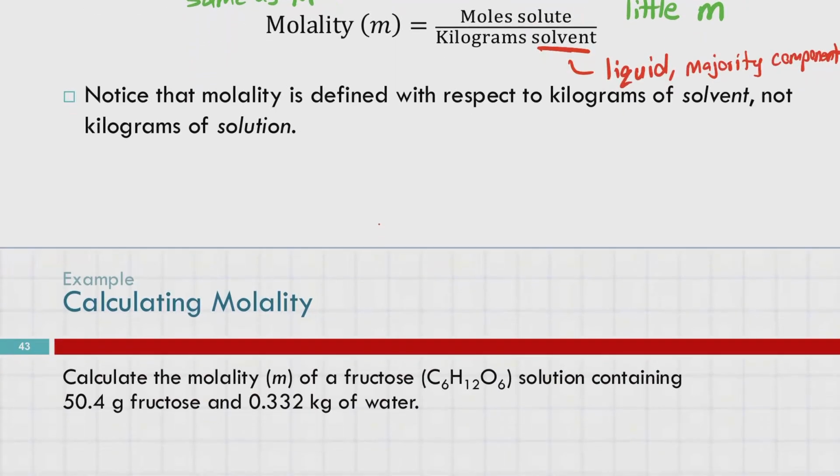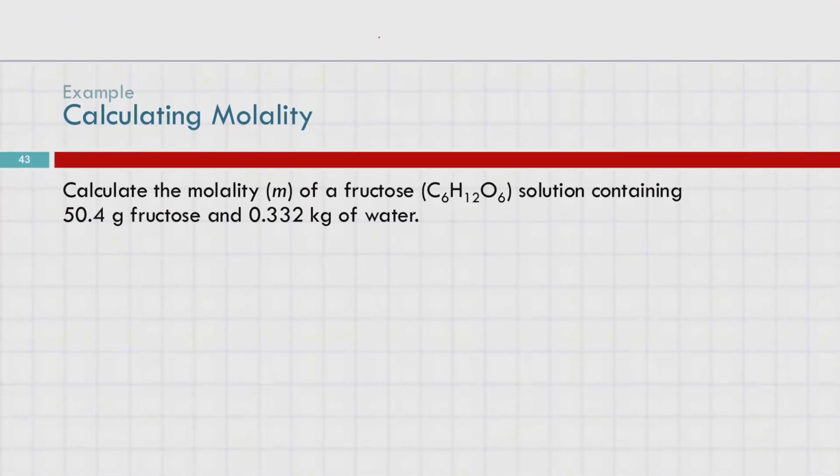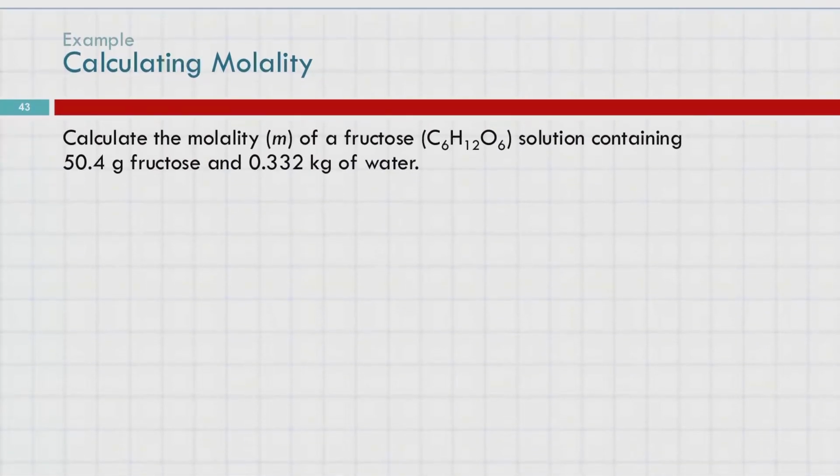Let's do a calculation for molality. We want to calculate the molality, lowercase m, of a fructose solution containing 50.4 grams of fructose and 0.332 kilograms of water, conveniently expressed in kilograms so that we can just plug it right into our equation.